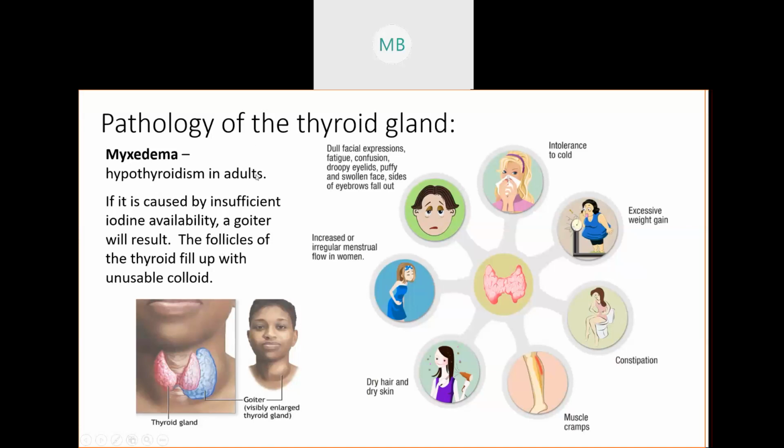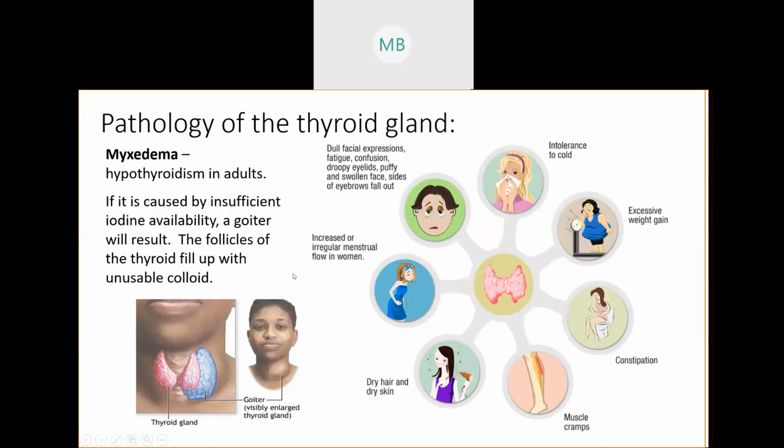In adults, this disorder is called myxedema. Myxedema has a few distinct causes, mainly a shortage of iodine because you're lacking that mineral in your diet.